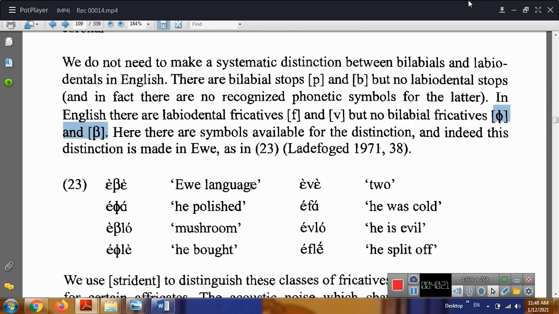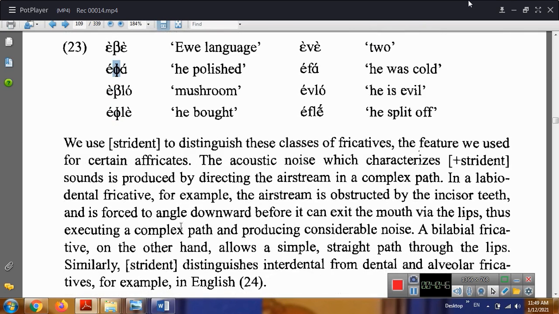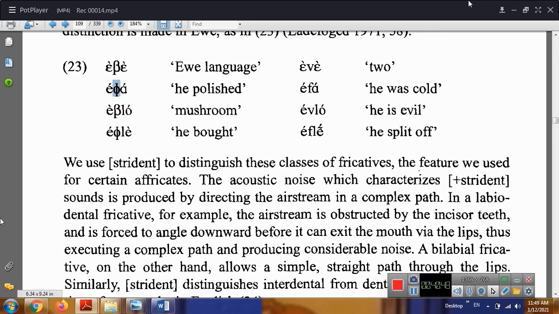But here in this language we have the distinction between v and the bilabial counterpart of v, which is this sound, and they differ from each other by another feature, which I will explain for you in this text.